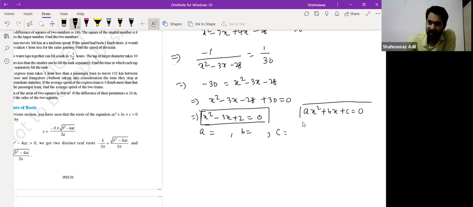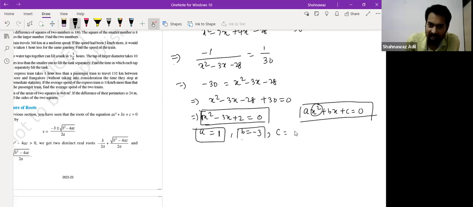So A is the coefficient of x square, remember? So the coefficient of x square is how much? 1. So A is 1, Hamad, right? And B is how much, Hamad? Minus 3. Yes, minus 3. Correct. And C is 2.